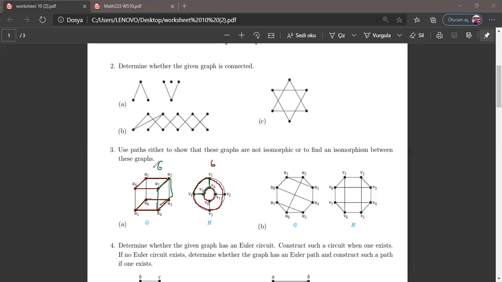So we may use these circuits to find an isomorphism between them. It seems they are isomorphic, right? All invariants are the same. So let's use these circuits to find an isomorphism. For example, one of the circuits on this graph is U1, U2, U7, U6, right?